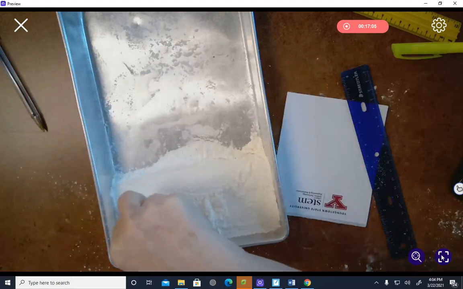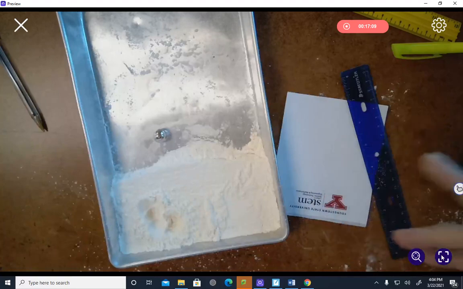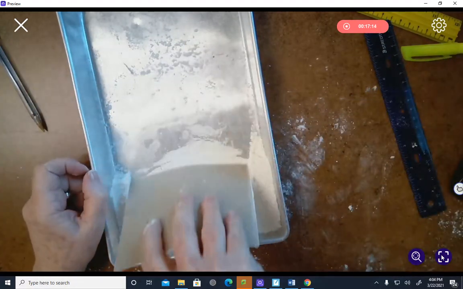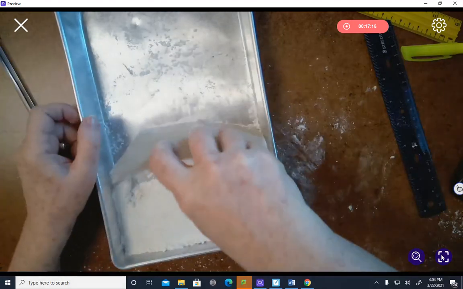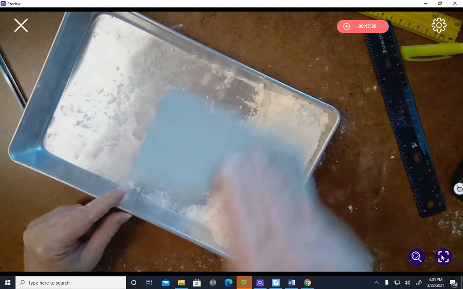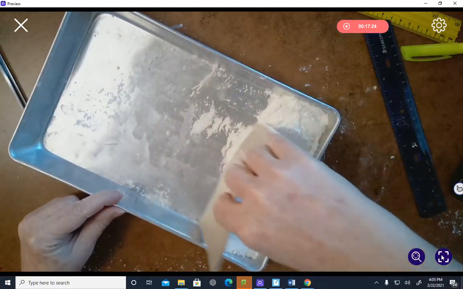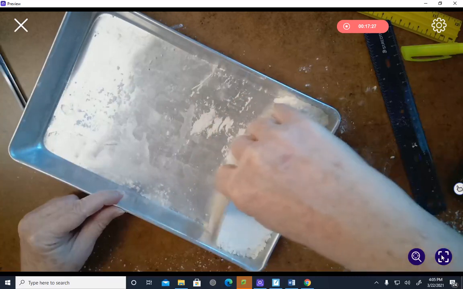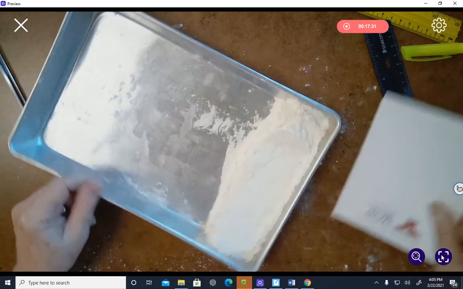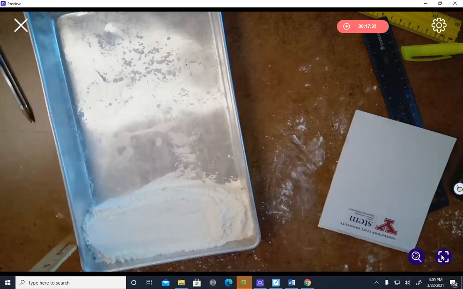And then I'm going to see if I can make it just a little bit deeper. Push this down. I don't know if I can get it to not bounce.